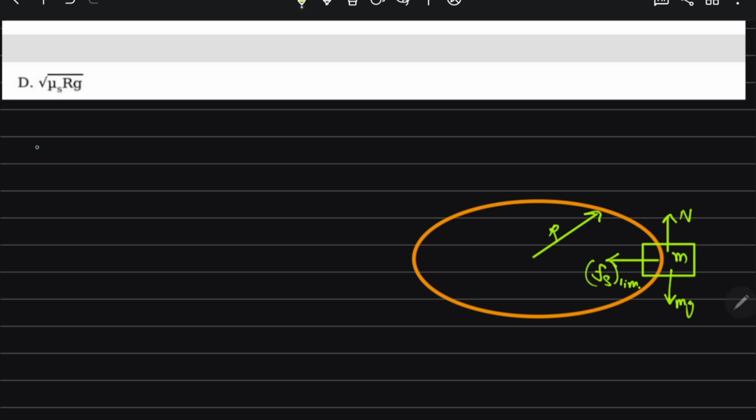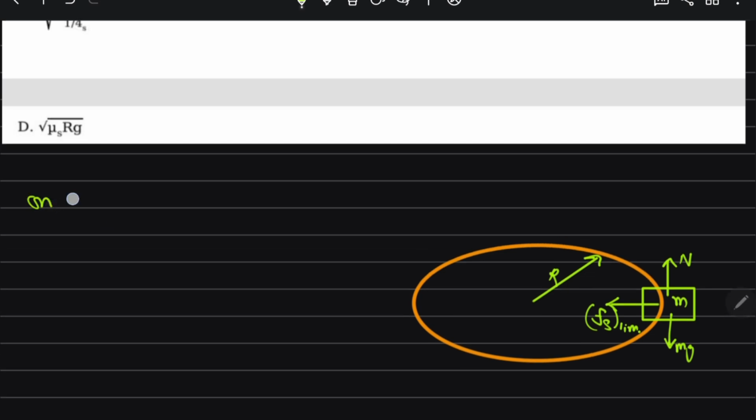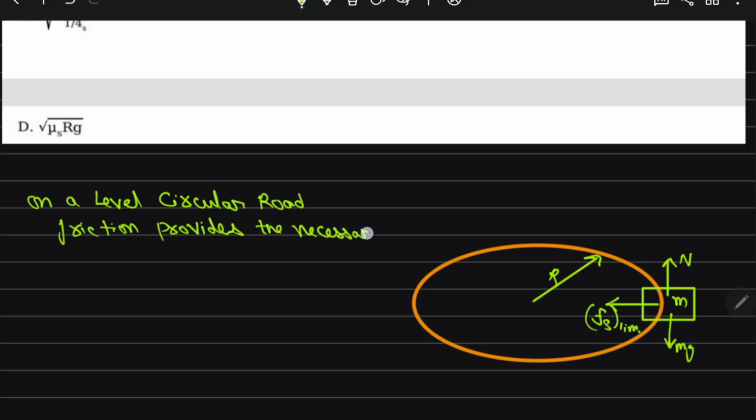So what I say is that on a level circular road, friction provides the necessary centripetal force.